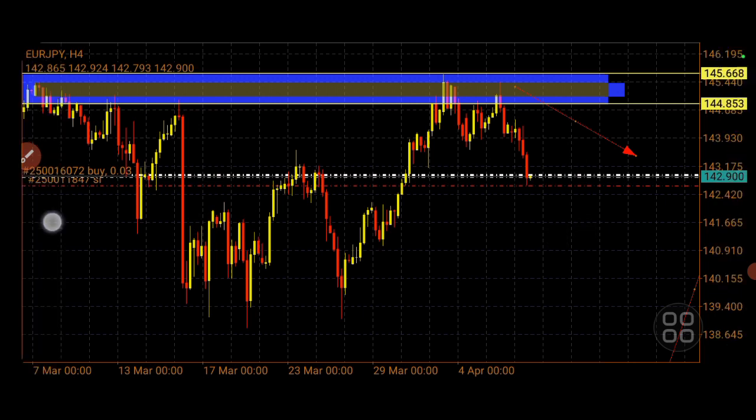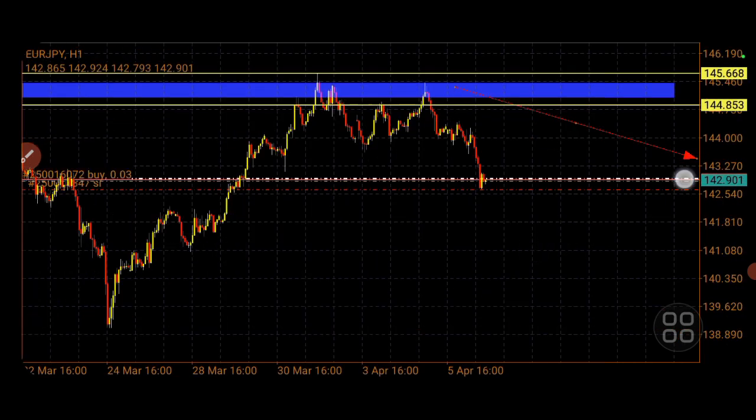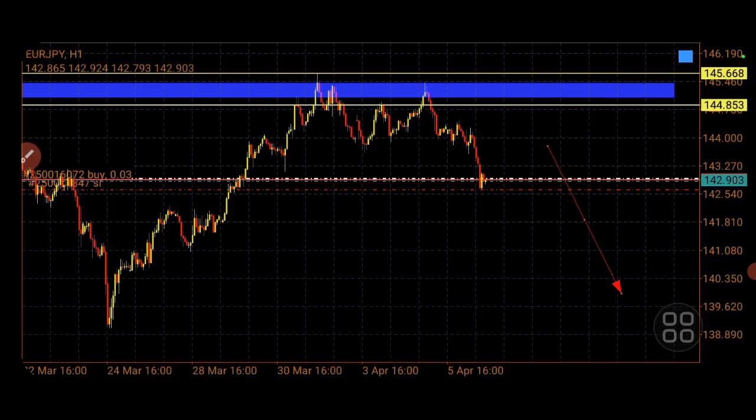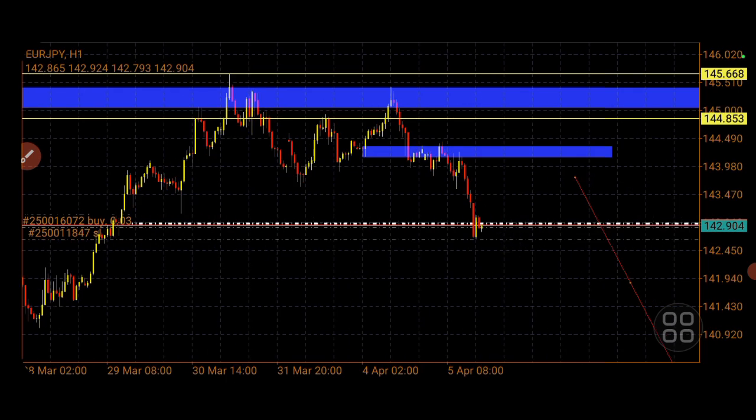And let me go back to H1 so that you can see something. Look at where I entered on Wednesday. This was what I saw on Wednesday that made me enter to continue the sell. This was what I saw.